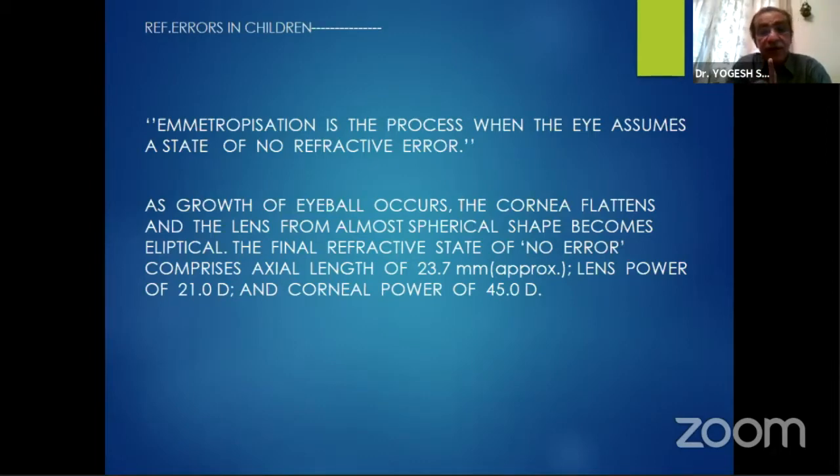The final refractive state of no error comprises an axial length of approximately 23.7 millimeters, lens power of 21 diopters, and corneal power of 45 diopters. So this is a standard, and the ultimate refractive state that we all should develop.